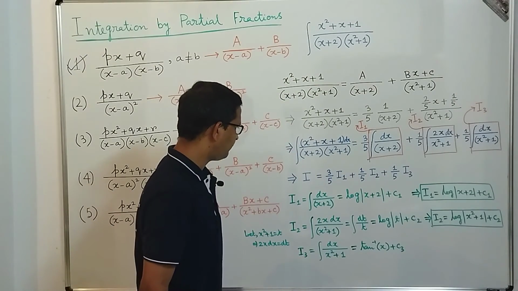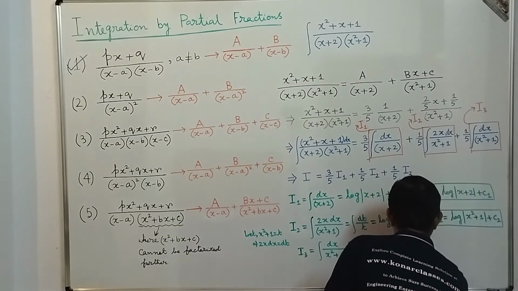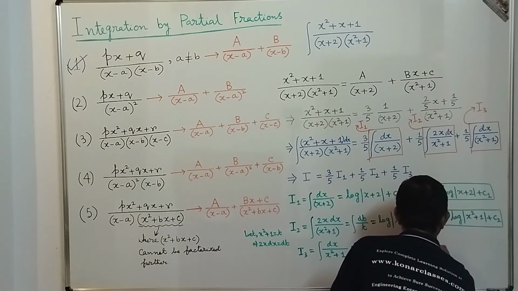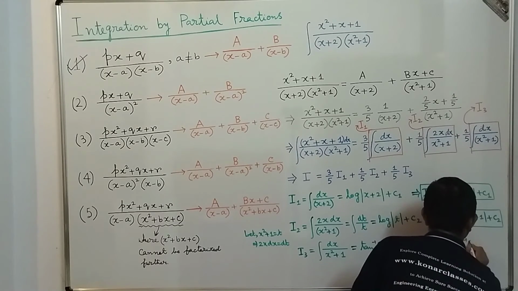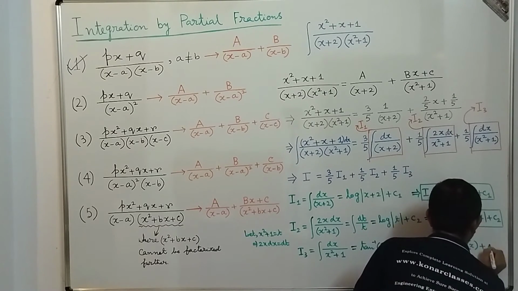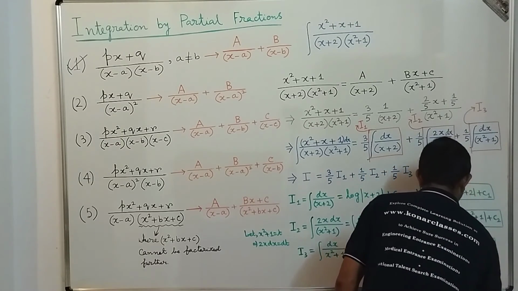So I3 is equal to tan inverse x plus c3, where c3 is integrating constant.